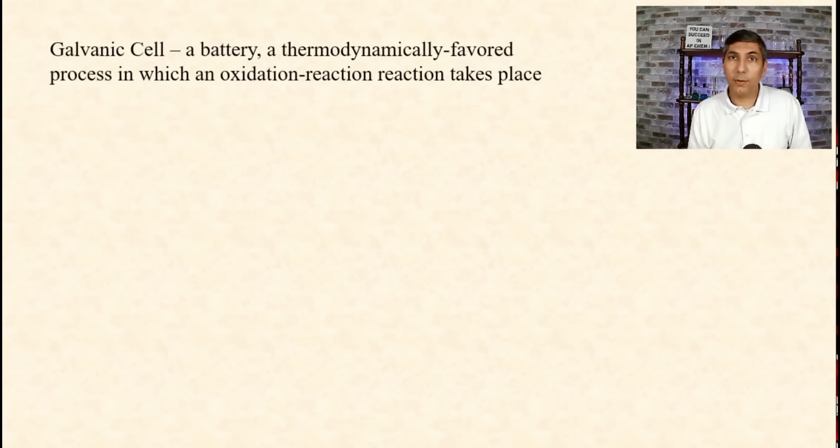Now, this is different from an electrolytic cell. An electrolytic cell is electrolysis. You have to put energy into that electrolytic cell. It is a non-thermodynamically favored process. It requires an external power source to run that electrolytic cell. In this example, though, we're going to look at a galvanic cell. This is the one that basically runs on its own.